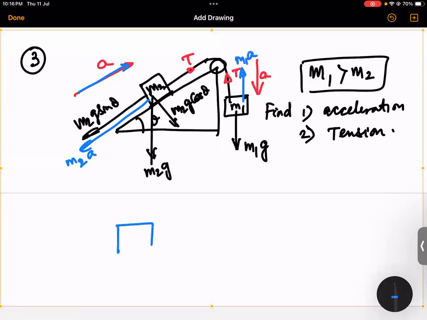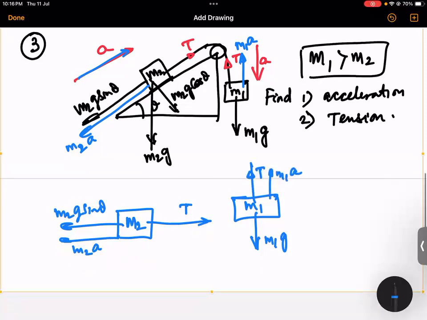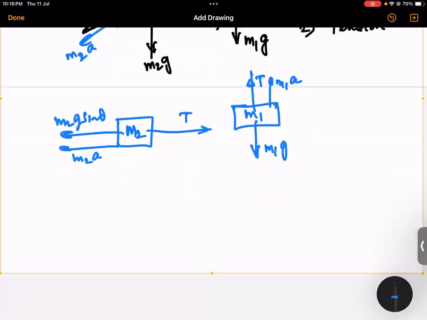Now what is happening? This is tension T. This is equal to M2g sin theta, and this is equal to M2a. So this is the free body diagram for M2. And for M1, this is your M1g, this is your tension, and this is your M1a. Now equate.